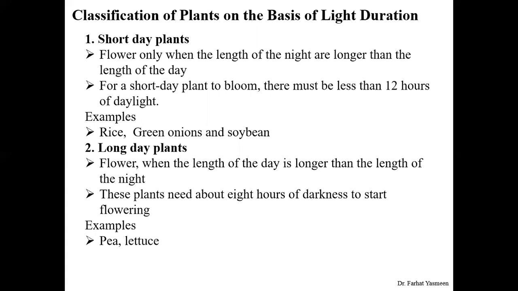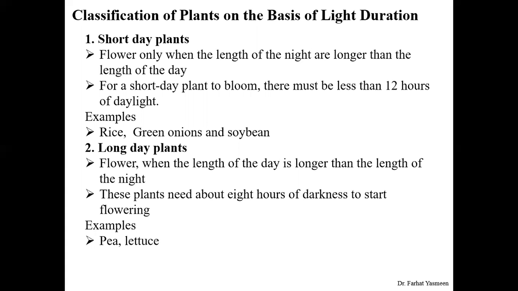Short day plants are exposed to long nights and short days. For a short day plant to bloom, there must be less than 12 hours of daylight. Examples of short day plants are rice, green onions, and soya beans.